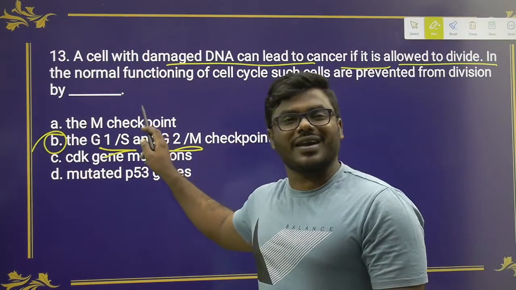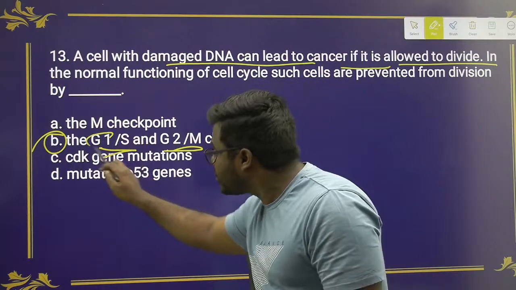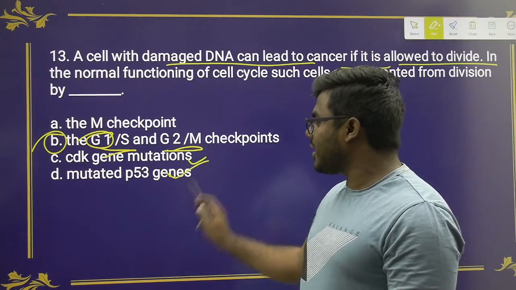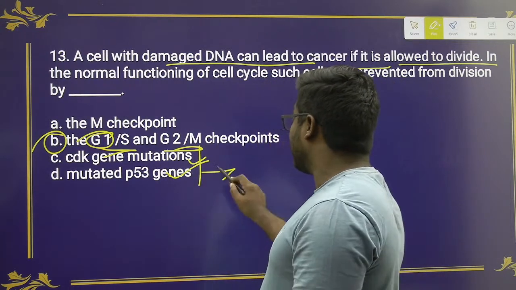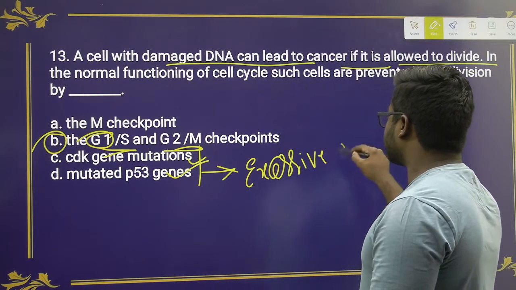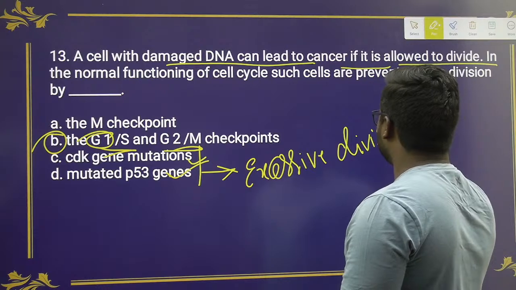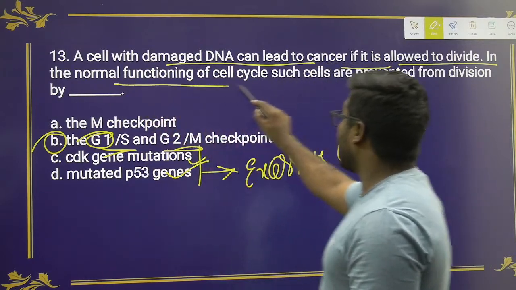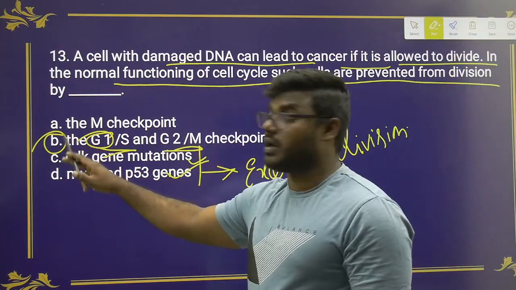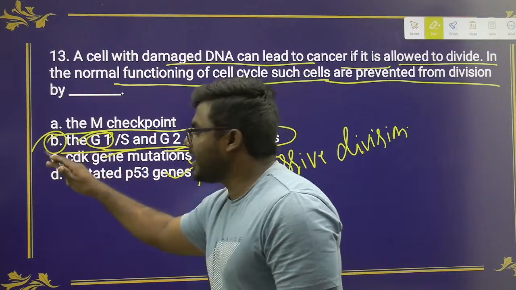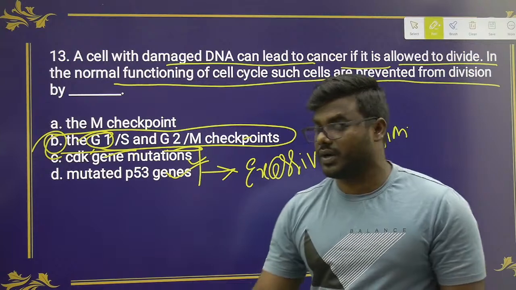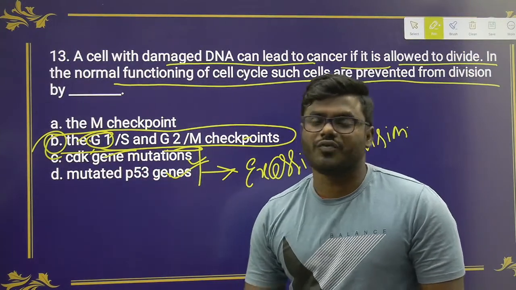We cannot arrest directly at the checkpoint; first we have to start with G1. If there is a CDK mutation or p53 gets mutated, the cell undergoes excessive division, which leads to cancer, so that cannot be an answer. The answer is the normal functioning of the cell cycle: such cells are prevented from dividing by blocking the G1 to S transition checkpoint and the G2 to M transition checkpoint. Very good. The answer is B for question number 13.